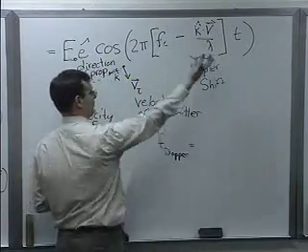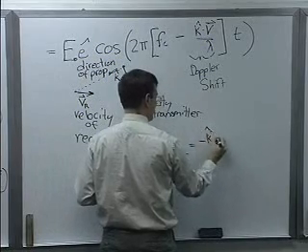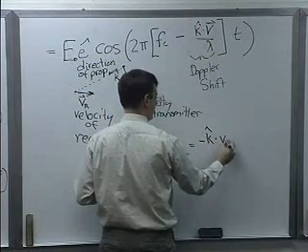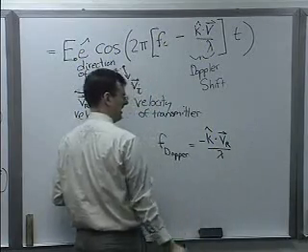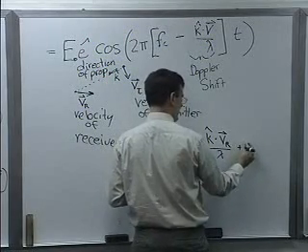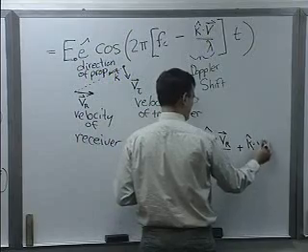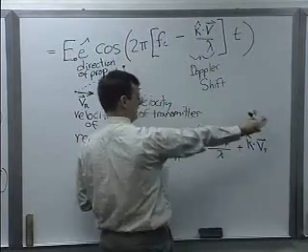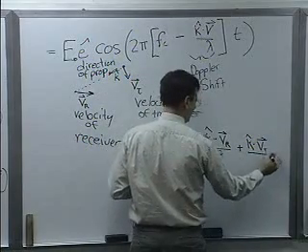We said for the receiver it's going to be minus the direction of propagation times v sub r over the wavelength. And for the transmitter, it's actually going to be plus k hat dotted with v sub t, because the wave is leaving the transmitter, so you do a little sign change there.